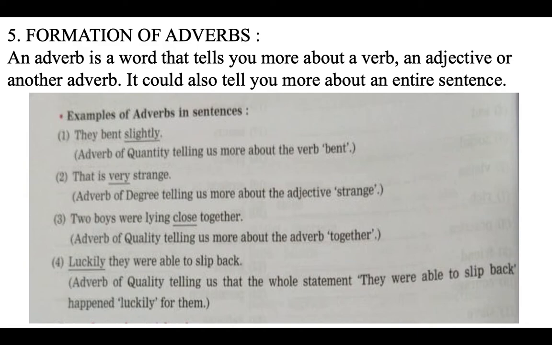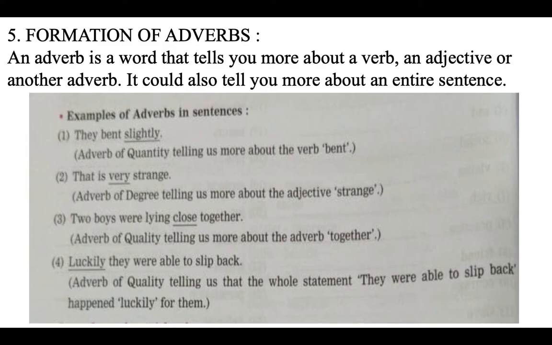Now, next we come to the formation of adverbs. So far we've already seen how to change words into the noun form, the adjective form, and the verb form. Now we're going to see how to change words into its adverb form. An adverb is a word that tells you more about a verb.